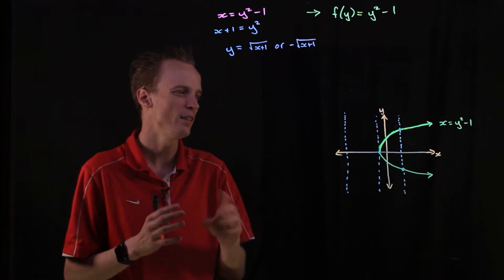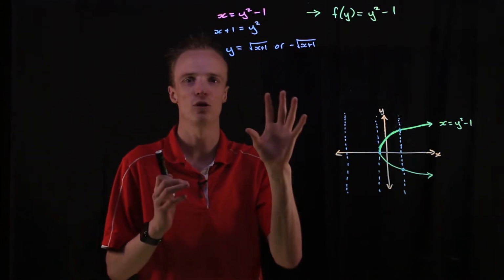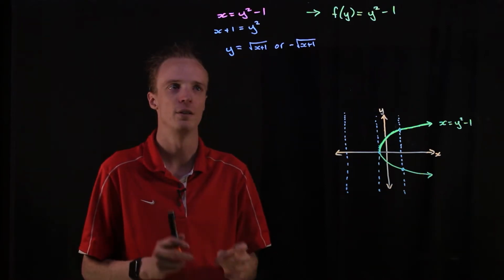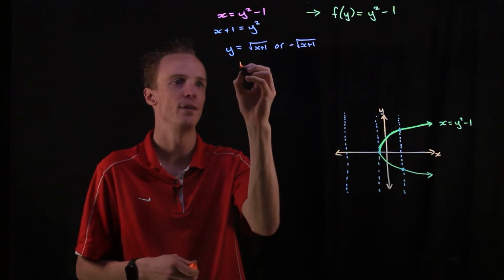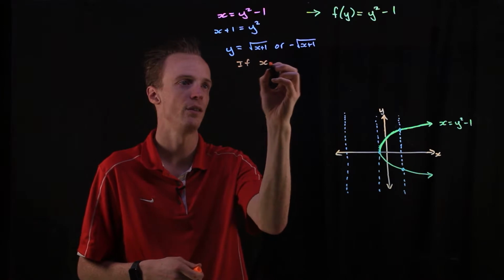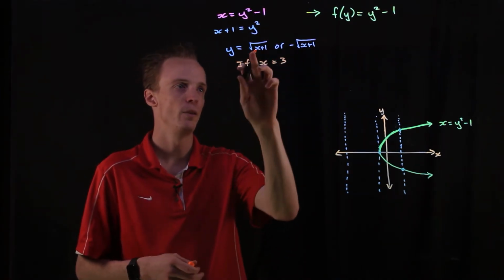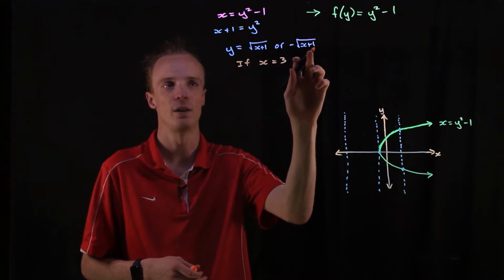x. And to test this, let's actually substitute in some values here for my x. So what I'm going to do here is I'm going to look at what happens if x is equal to 3. Well, we've got to substitute this into both of these.